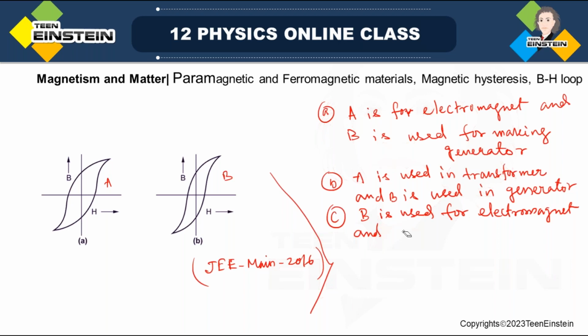And option D says A is used for electric generator and transformer.